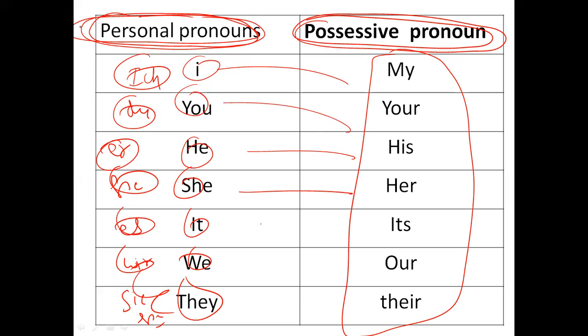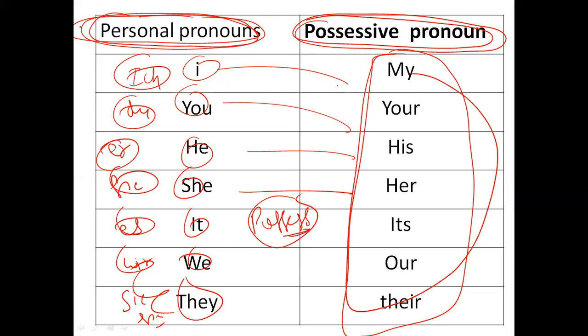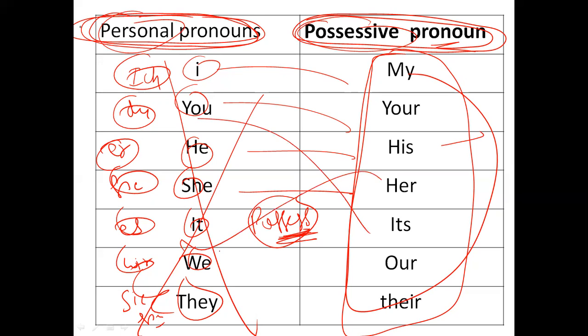In the exam you will get a question like "fill in the possessive pronoun." That means you need to fill from this table and not from this table, right? Students just read it quickly, "pronoun, fill the pronoun." They do not read whether it is the possessive pronoun or the personal pronoun, and they interchange these two topics, right?